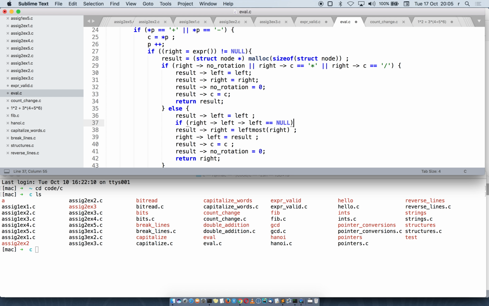If this happens, it shouldn't matter. Right is leftmost right. So this should not change in case we have only two levels.